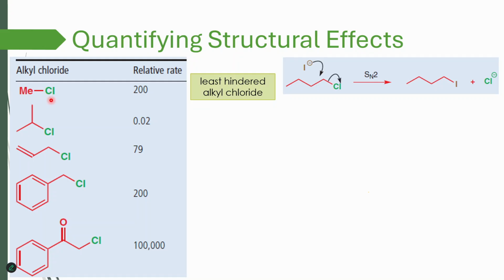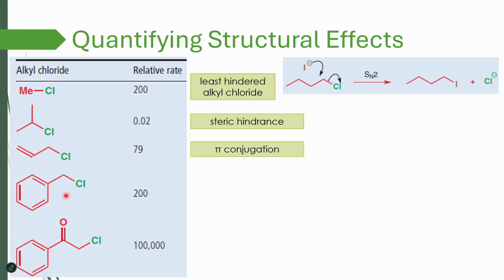It's a 0 degree alkyl halide. And there is a bit of steric hindrance because of the alkyl groups. You basically replace hydrogens with alkyl groups, and that increases the energy of the transition state, which decreases the rate of the reaction. But here, the rate increases again because you have an adjacent pi system.